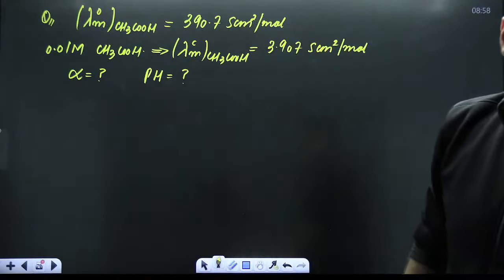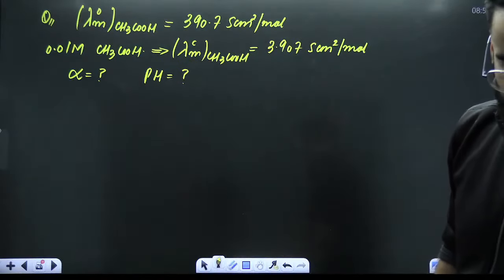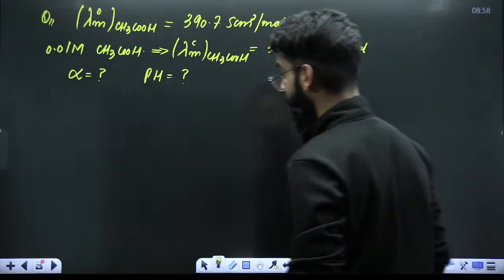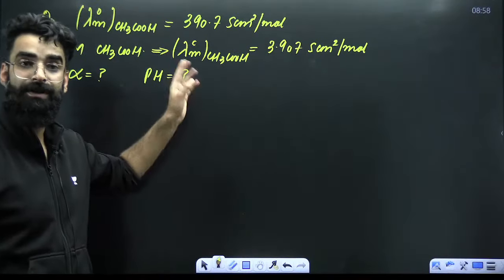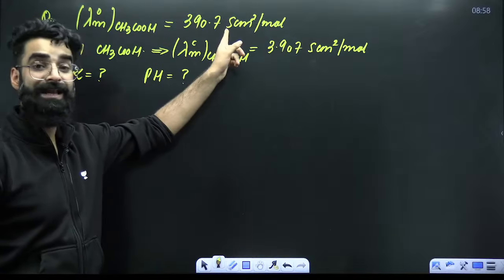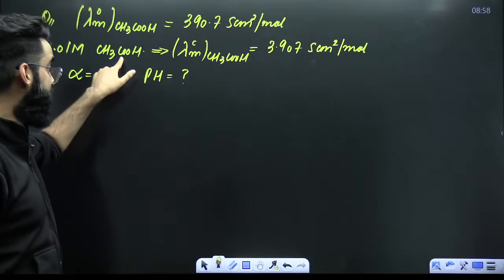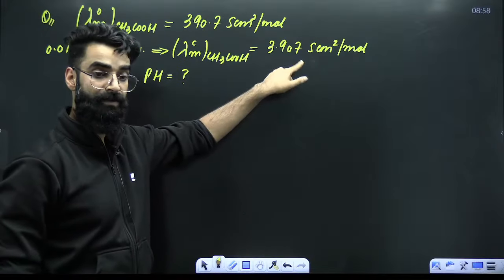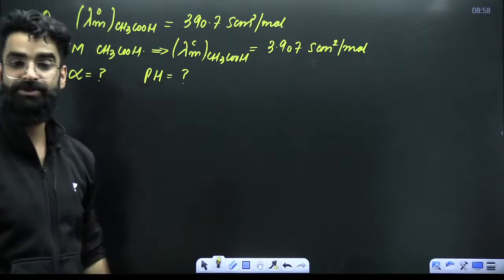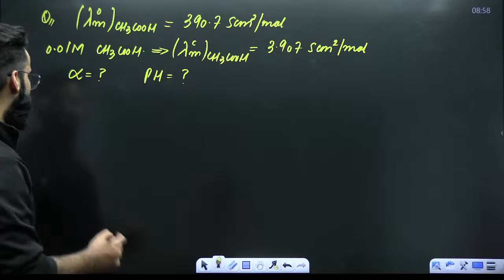Can we give it a try? My dear students, the weak electrolyte that's given to me is CH3COOH. Its molar conductivity at infinite dilution is given. Its molar conductivity at 0.01 molar concentration is also given. We have to calculate alpha as well as pH. Now, what is alpha basically?